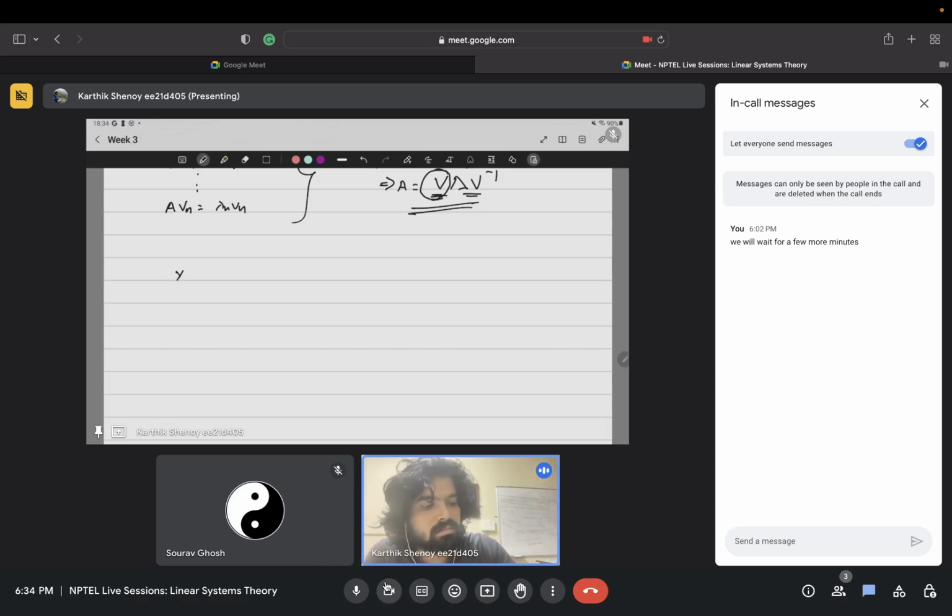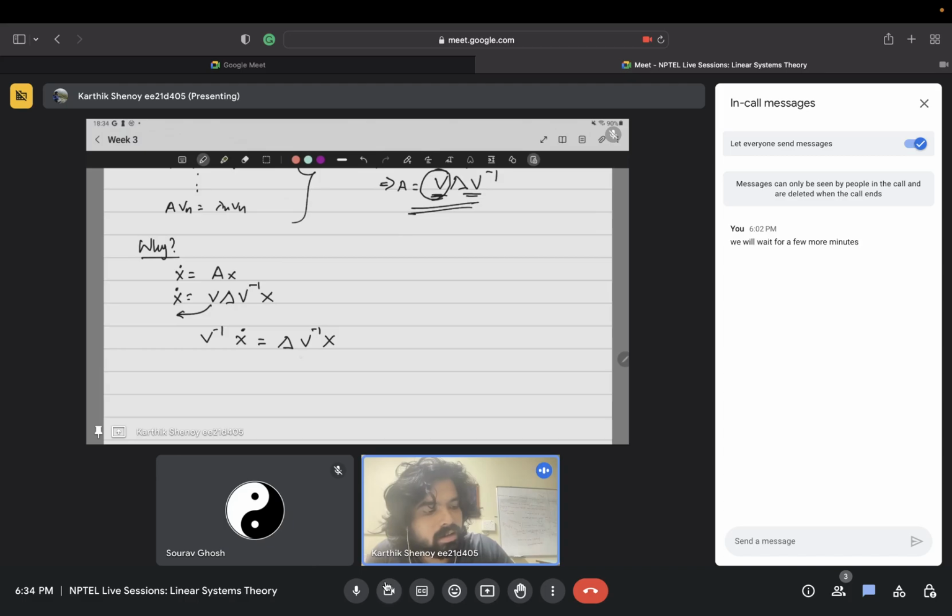Let us take a system x dot equal to Ax. So why are we doing this? Now I write A as V lambda V inverse. Now I take V to the other side: V inverse x dot equals lambda V inverse x.